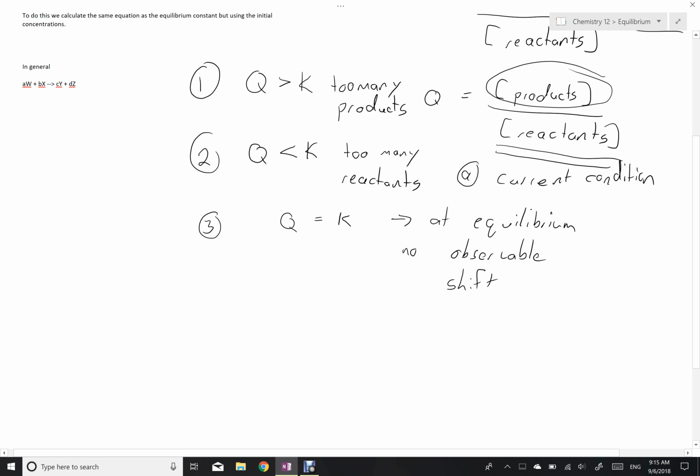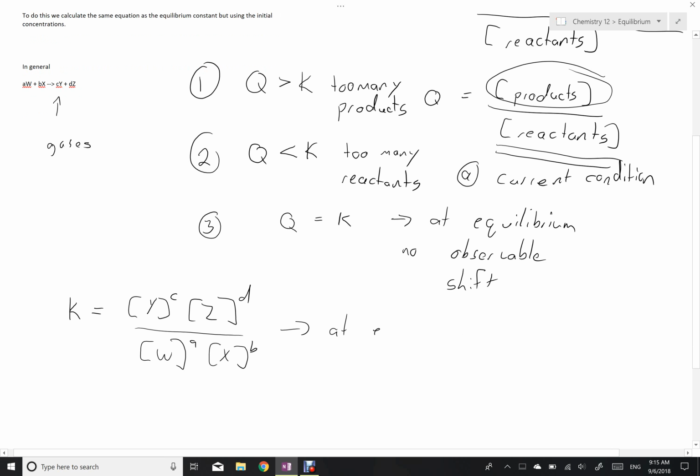So in general, if we had this expression, K would be equal to the concentration of Y to the power of C, assuming all of these are gases or variable in some way, and Z to the exponent D over W to the exponent A, and X to the exponent B. This K expression would be this at equilibrium.